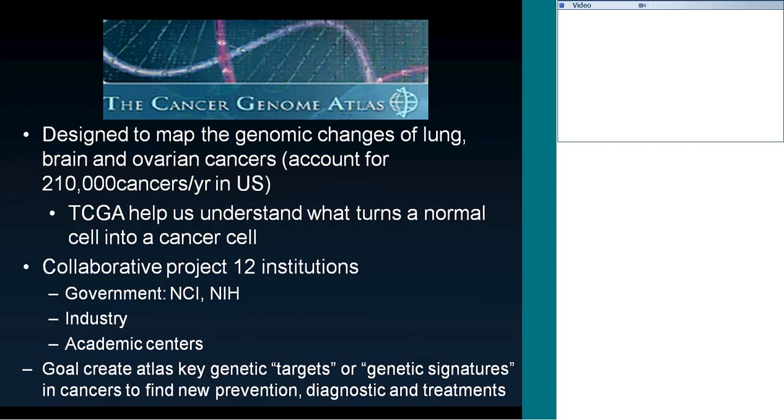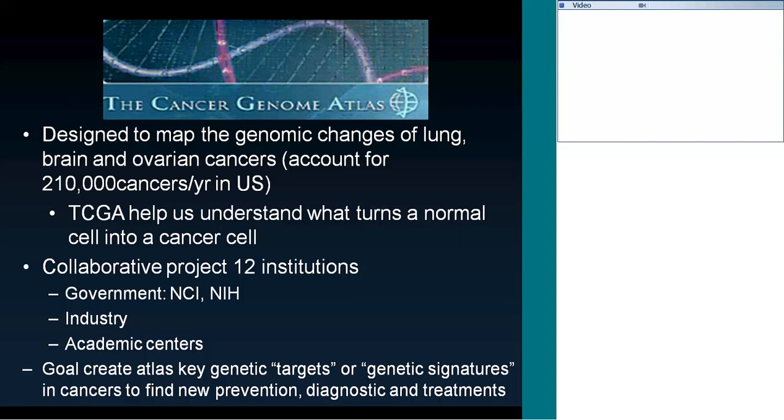But to explain a little bit more in global terms, what the Cancer Genome Atlas project is designed to do is to map all of the mutations that occur in more than 20 different types of cancer. It's using a whole range of amazing new technologies and amazing cooperation between numerous different institutions and scientists.